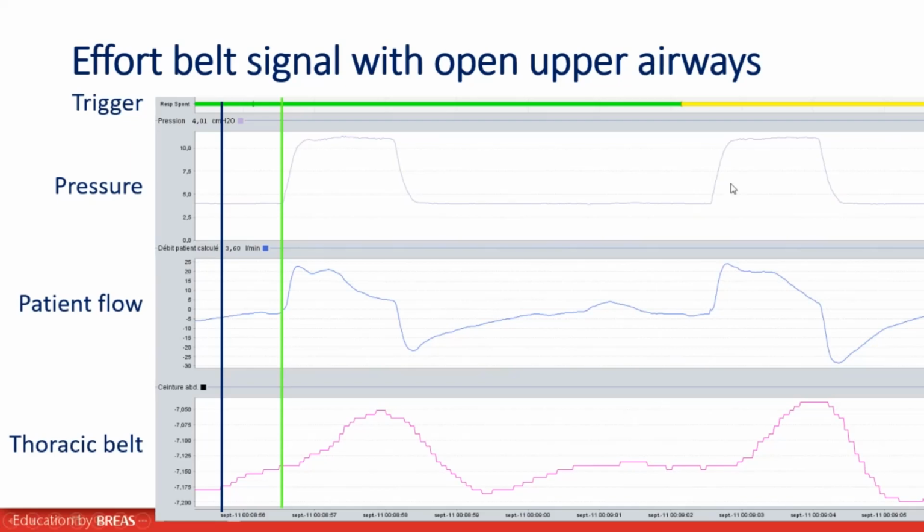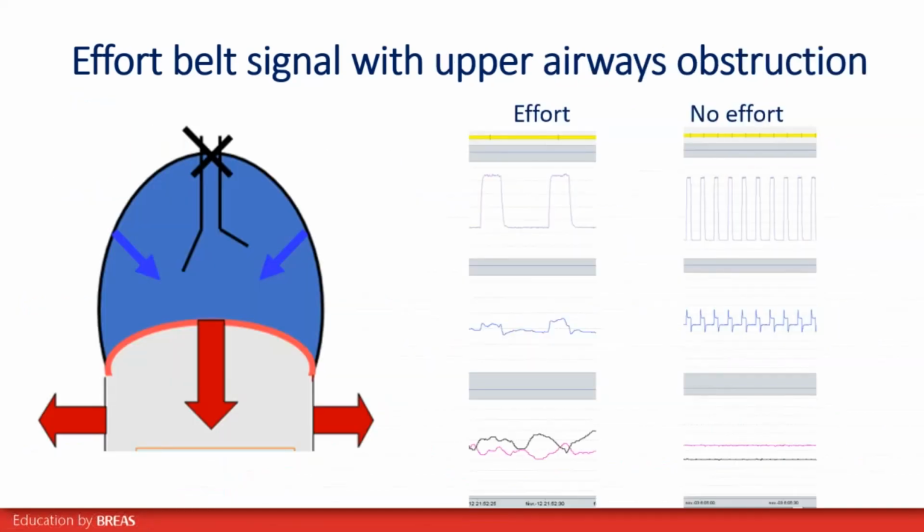While if the breath is triggered by the ventilator according to the backup respiratory rate, it's the other way around, meaning that the ventilator will start to deliver the pressure and then the thoracic belt will increase later as a consequence.